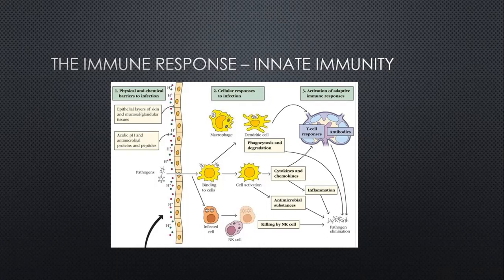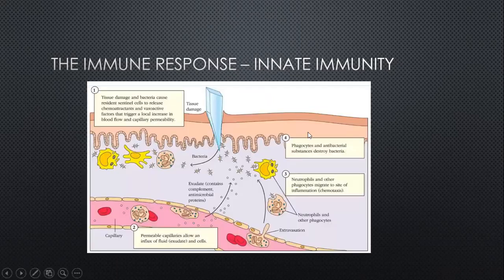Then we have, well, here we have the NK cell, natural killer cell. It destroys the whole cell, including the pathogen, right? So there are a lot of pathways the innate immunity has. So here we have some tissue damage, right?